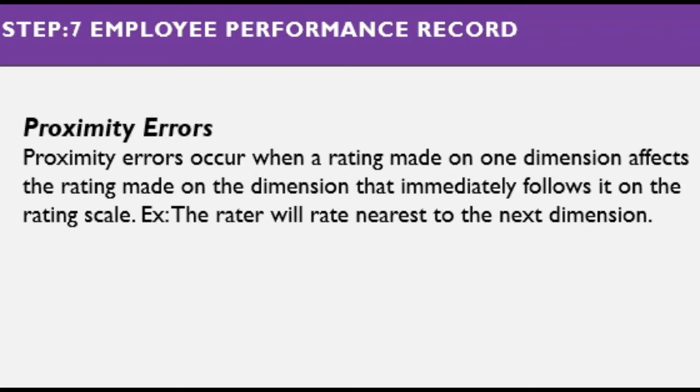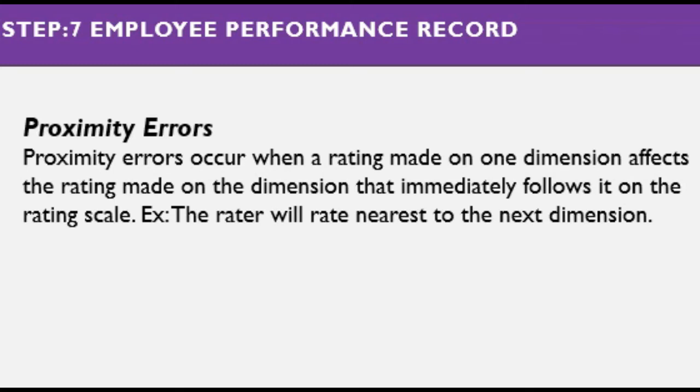Okay, so proximity errors. Halimbawa, nirate mo si employee na mataas siya sa physical attributes. Na-rate mo siya ng 5 doon sa item number 1, which is the strength niya.